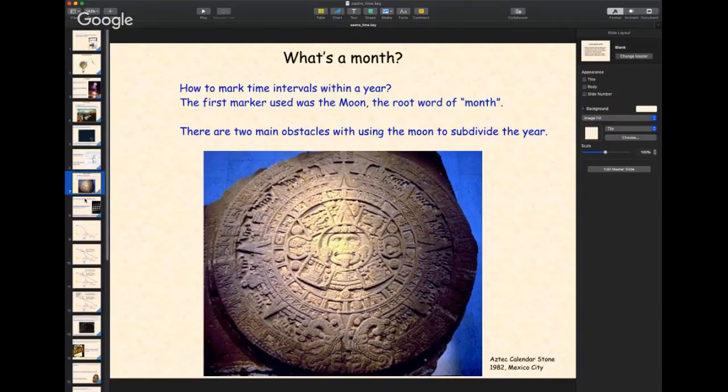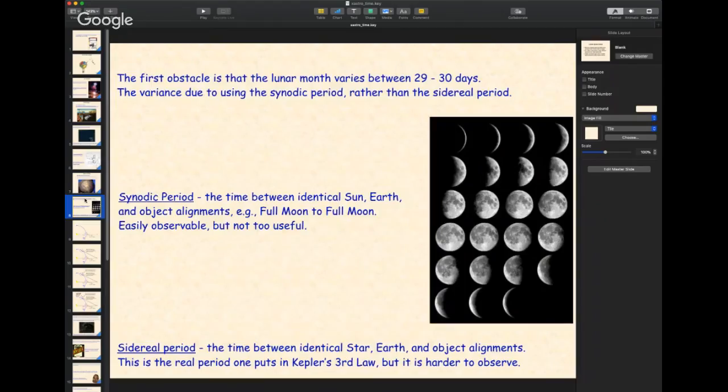So we've got two problems here with using the moon to subdivide the year. The first obstacle is that the lunar month is variable. It's not fixed. It's somewhere between 29 and 30 days, which I suppose if that's the accuracy you care about, that might be okay. You're going to have to keep making corrections as you go along.